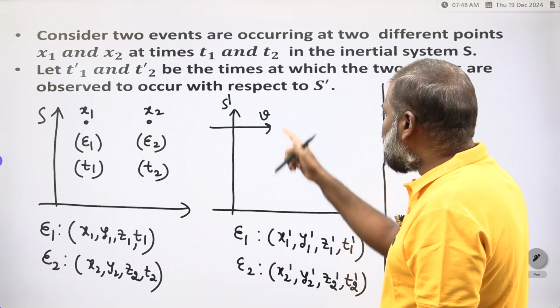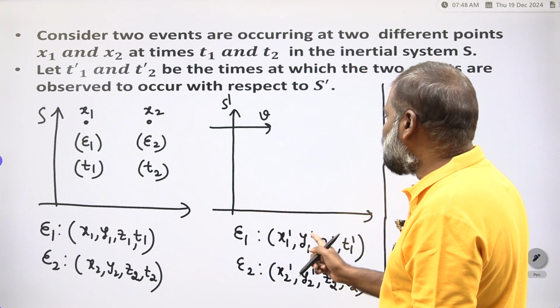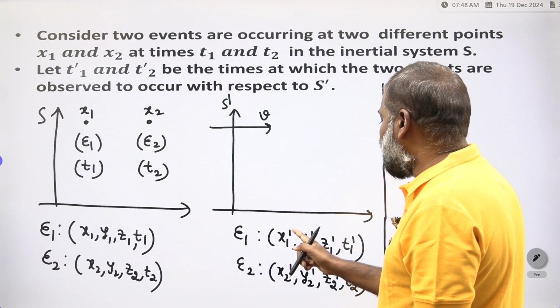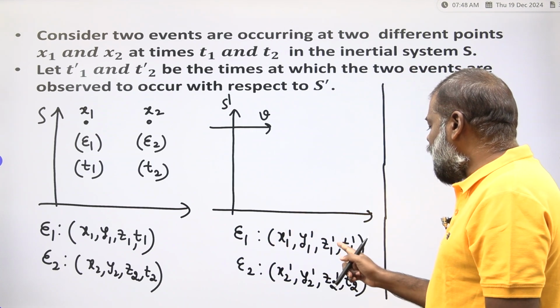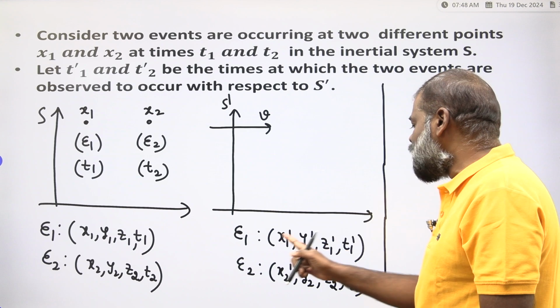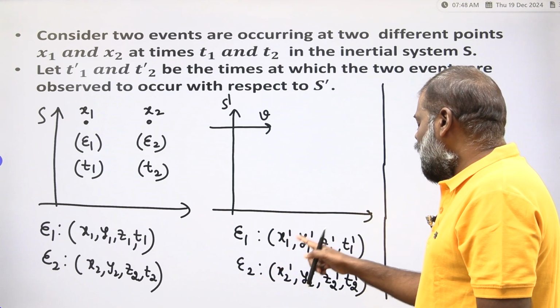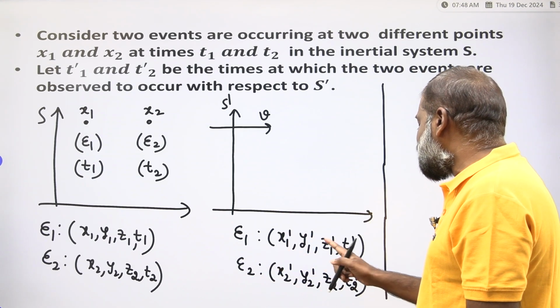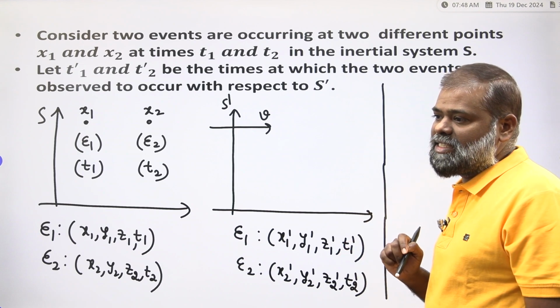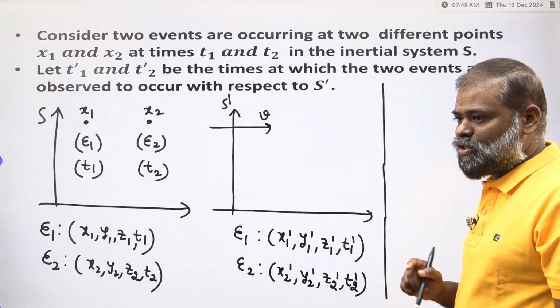Corresponding to the S dash frame, event 1 occurs at x1 dash, y1 dash, z1 dash, t1 dash, and event 2 occurs at x2 dash, y2 dash, z2 dash, t2 dash.